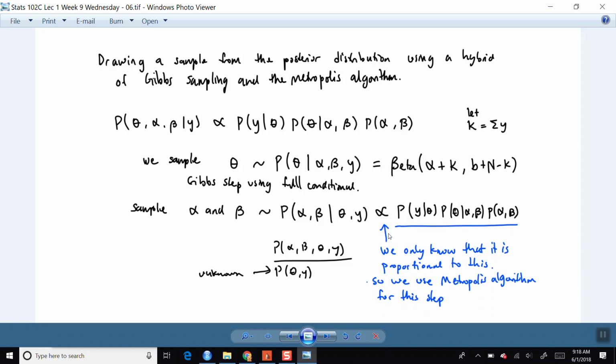I think the math is tractable, but I'm going to just say, what's the probability of alpha and beta given theta and y, given our data? That's going to be proportional to this, and we don't know the full distribution. We only know that it's proportional to this, but that's okay, because the Metropolis algorithm only requires that we know it up to proportionality, right? So I just have to figure this out, and then I use the Metropolis algorithm.